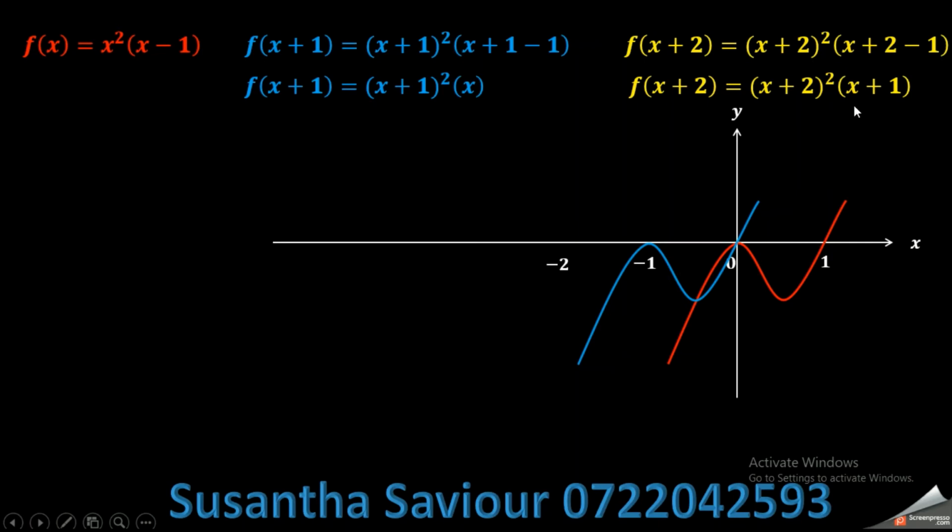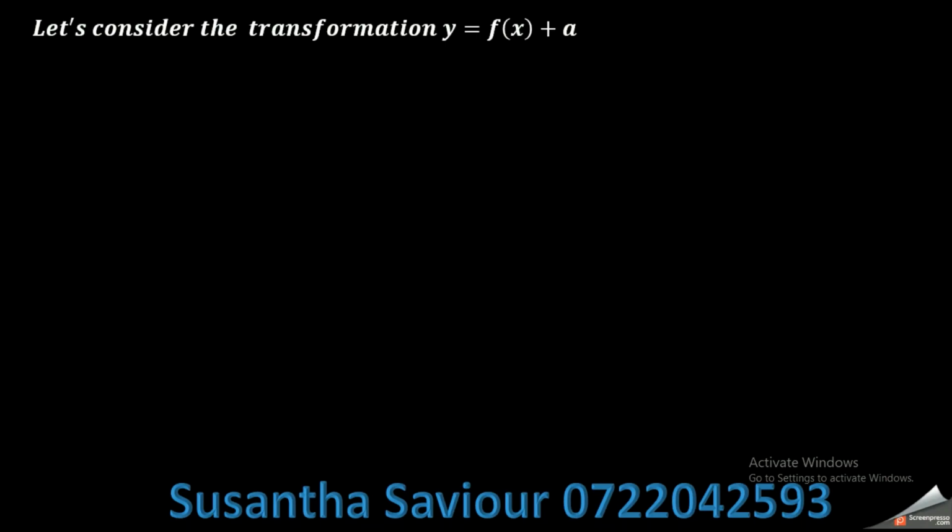So if you look at the sketch, the curve is shifted towards the left by 2 points. Our next transformation is f(x)+a. In this case, this a is added to f(x).